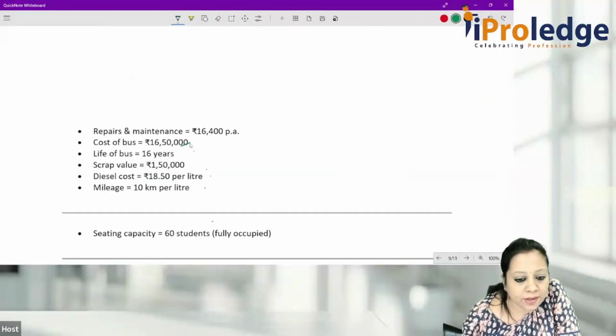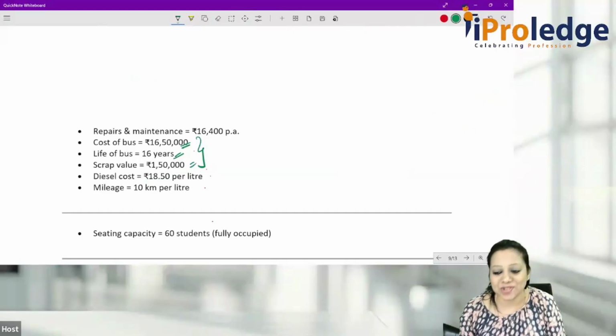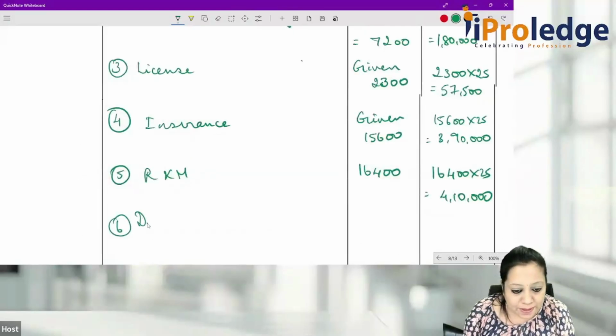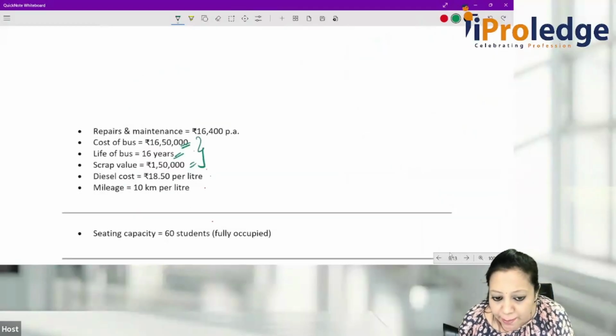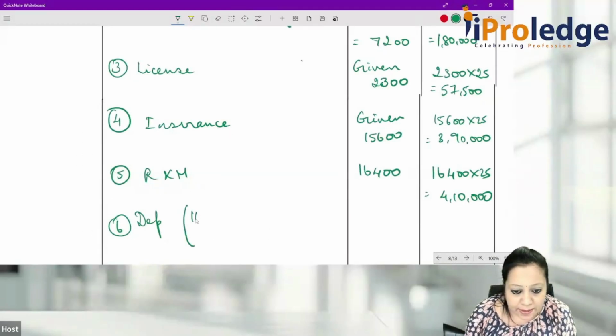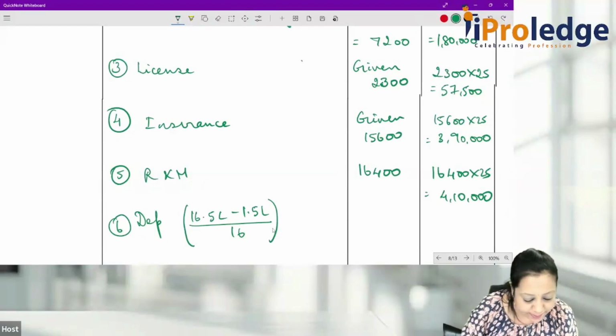So now, next item. Cost of the bus, life of the bus, scrap. When you look into these three, what is coming to our mind? Depreciation. Very nice. So depreciation is equal to 16.5 lakhs minus 1.5 lakhs divided by 16 years.